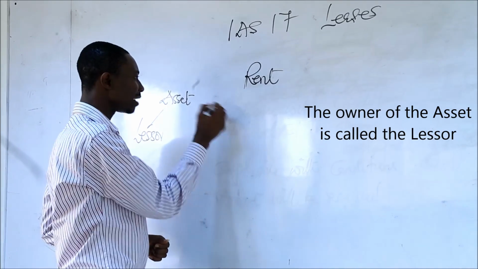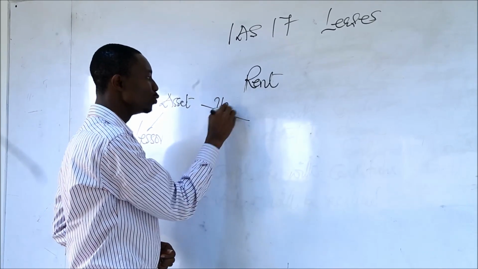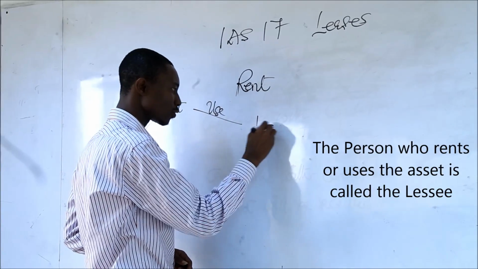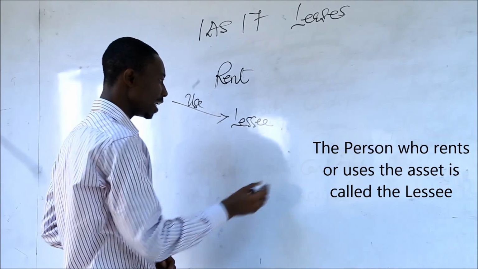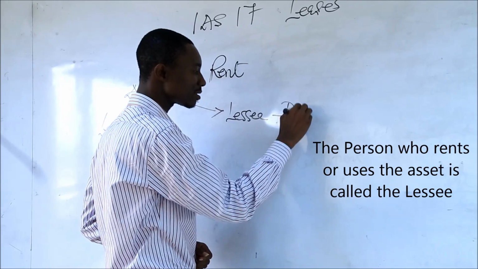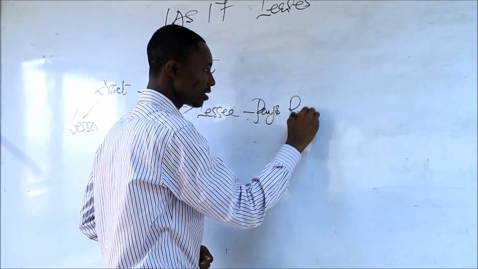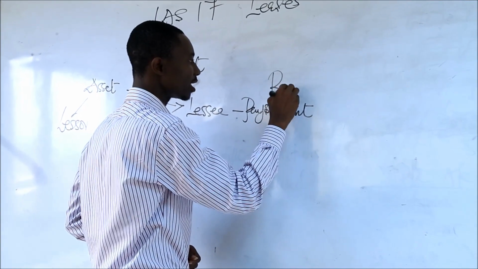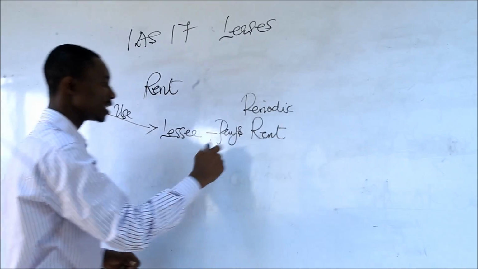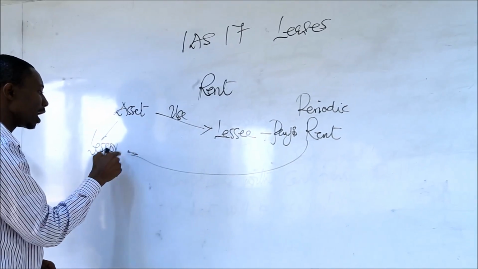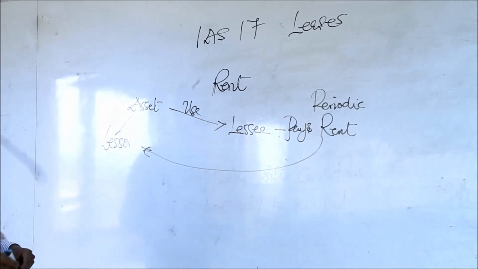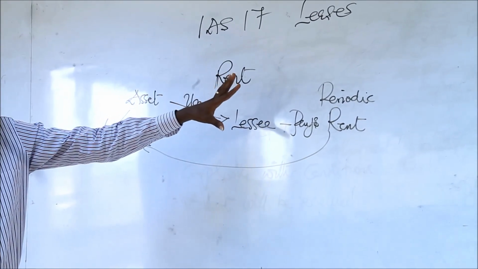Then another person comes in and has the use of that. That person is called the lessee, and the lessee pays rent. Actually, it is a periodic rent which is payable to the lessor, right? So that is how leases work.